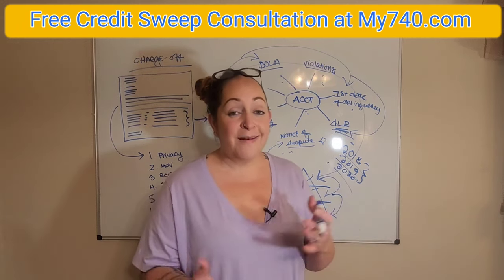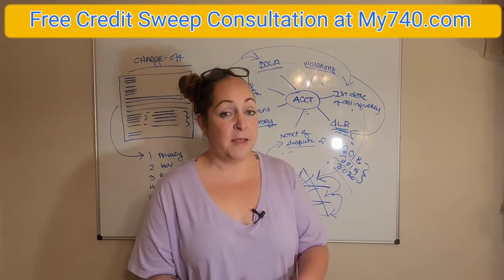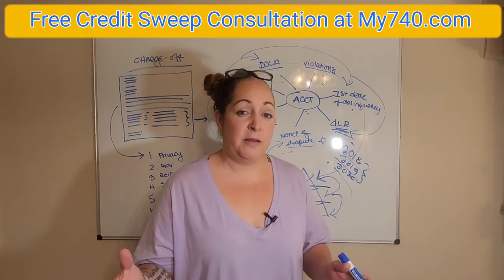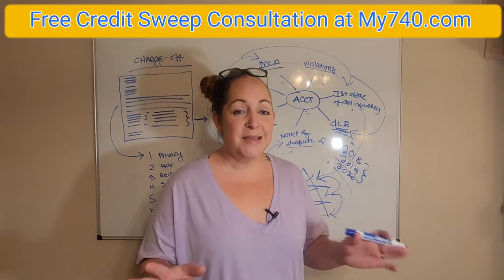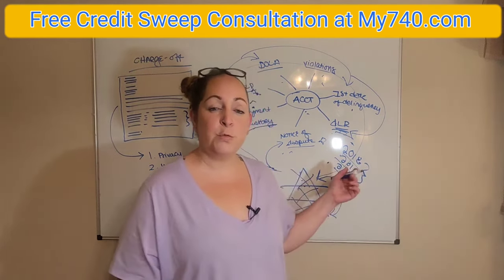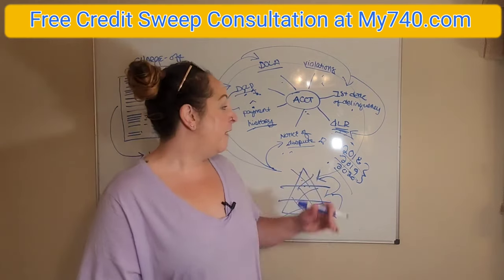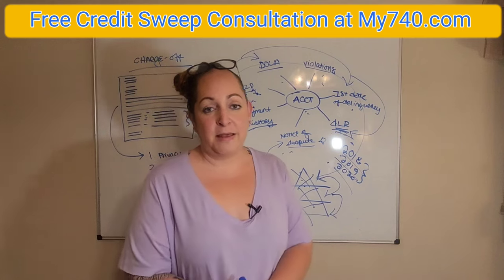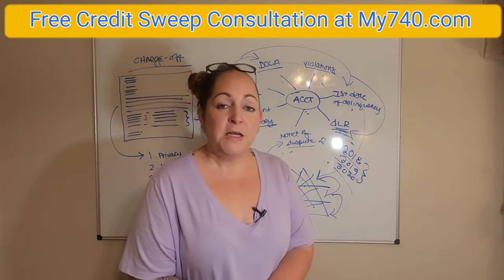And if it's not there, now it's a violation, right? And it is a $1,000 violation. You can't get it against everybody. You can get it one time, but let's just say we don't want that $1,000. We just want for the account to be removed. This is when we're using that date, the notice of dispute on our account to get the account removed from the credit report, okay?